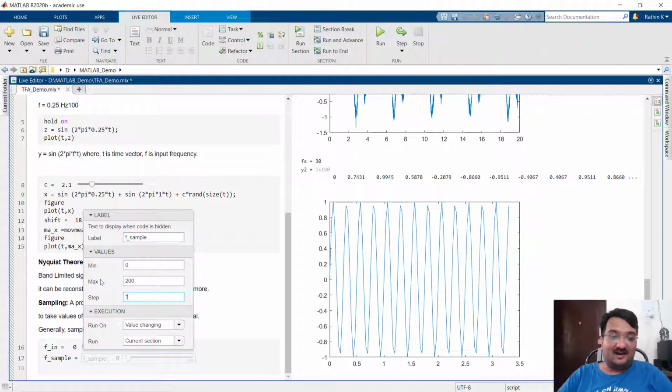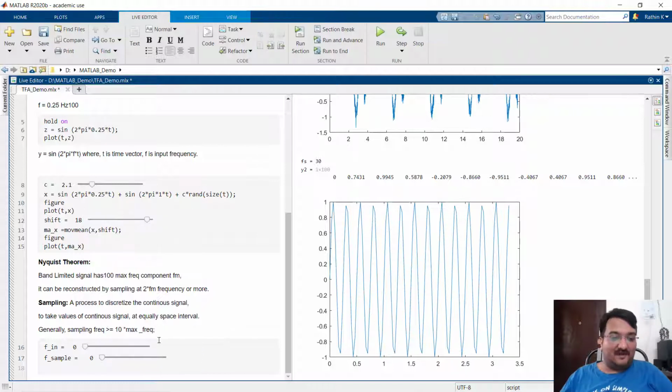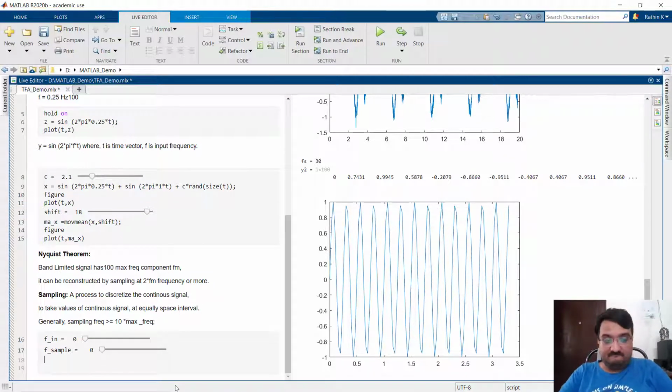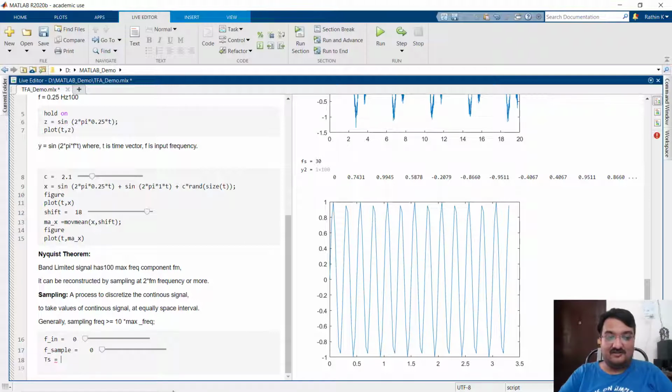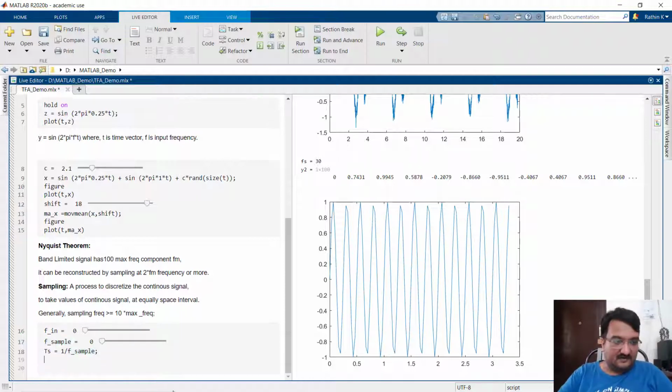You will get an idea how we are able to get better fidelity by sampling at a higher frequency rate. Based on your sampling frequency you can get your sample duration, which is just the inverse of your sampling frequency.